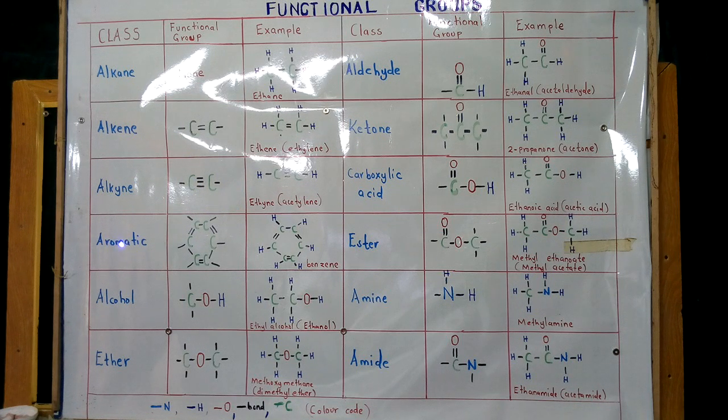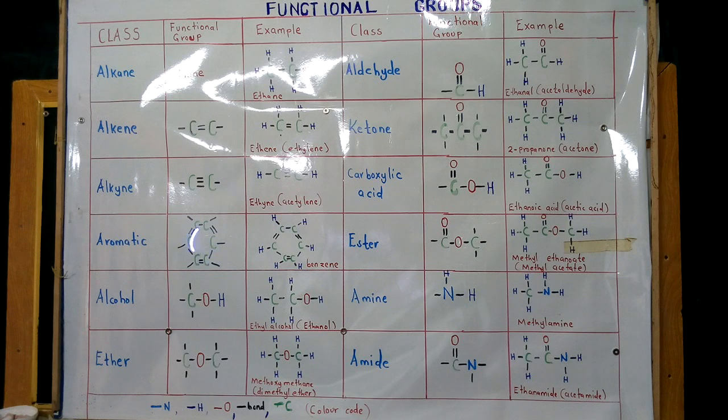Another class of organic compounds is aromatic compounds, and this basically consists of benzene and similar benzene-like compounds, like naphthalene. But in this case, we're basically looking at the functional group. It's a cyclic kind of organic compound that consists of alternating single and double bonds between the carbon atoms.